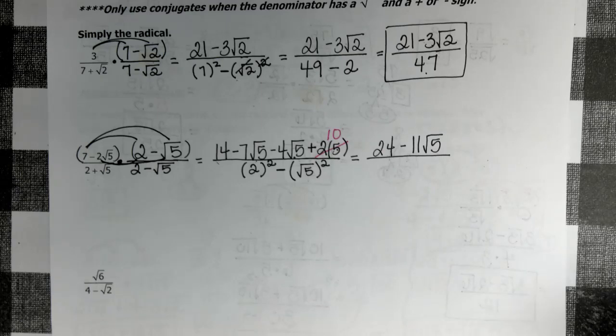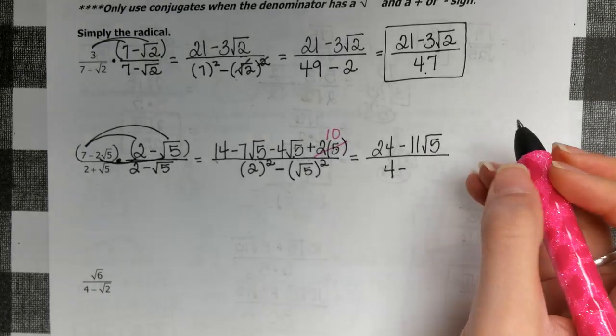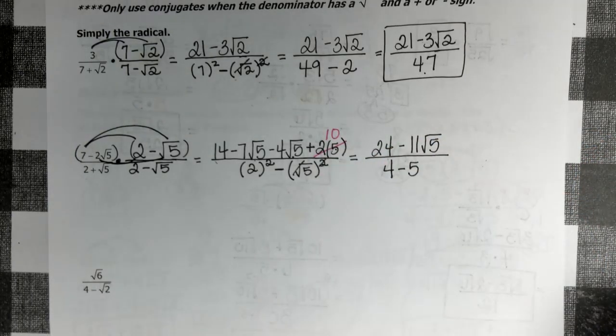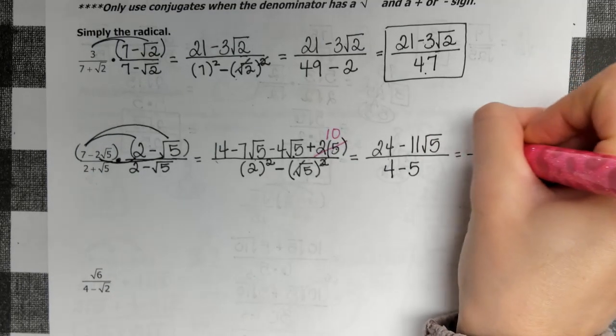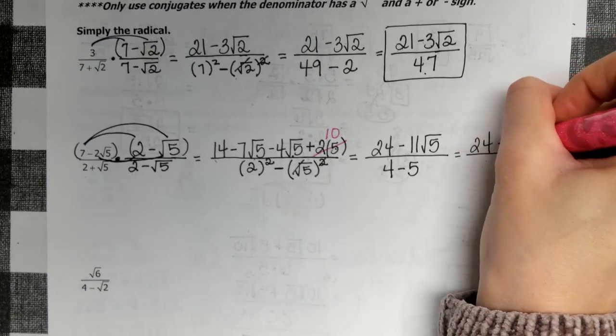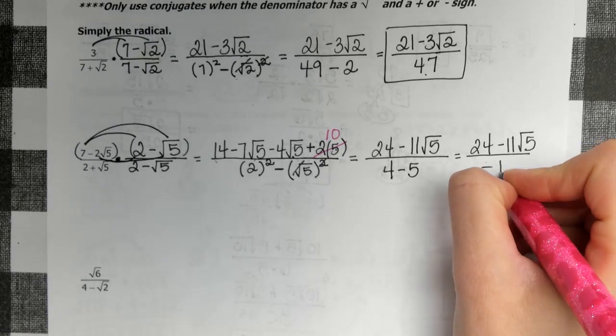Then my denominator, 2 squared, is 4 minus square root of 5 squared is 5. Okay, so that's 24 minus 11 square root of 5 over 4 minus 5, which is negative 1.